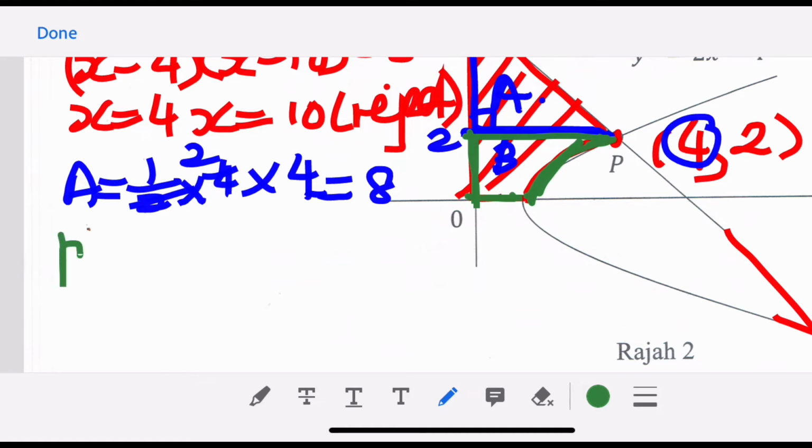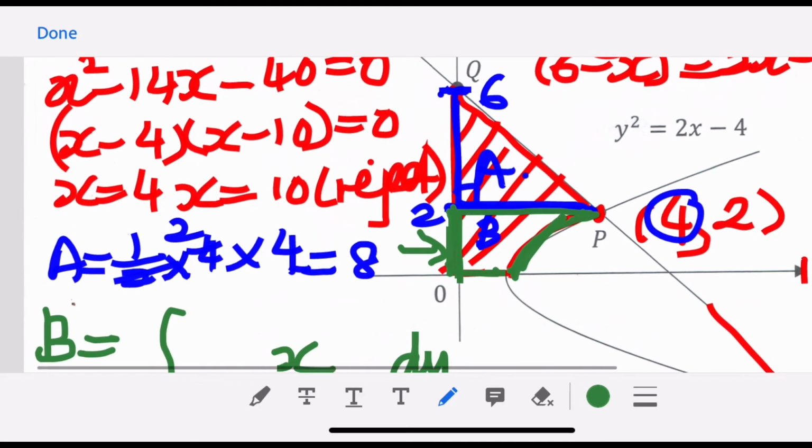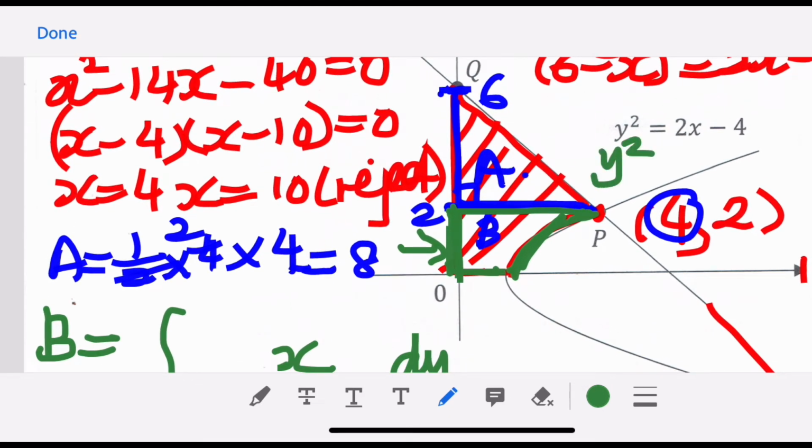So I will prefer to integrate dy for x. Because the boundary I use is y, I'm going to write x as y squared plus 4, divided by 2, or I can write y squared over 2 plus 2.